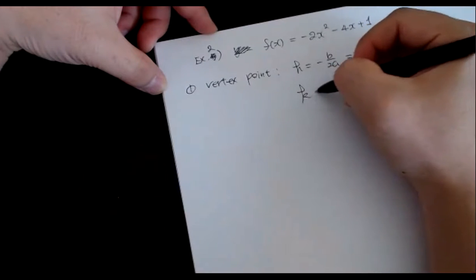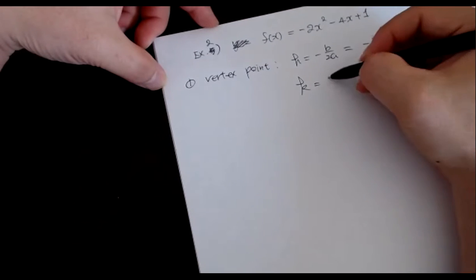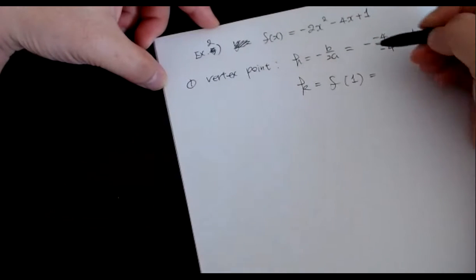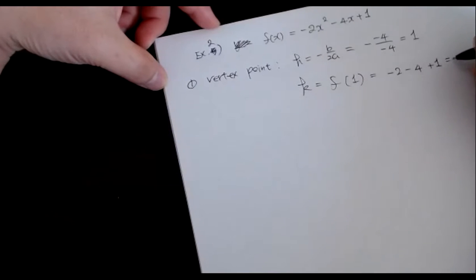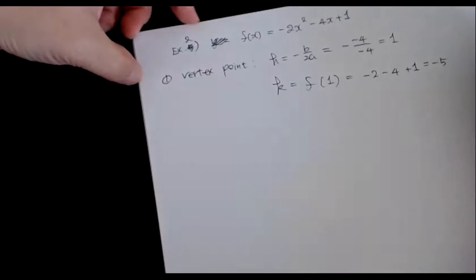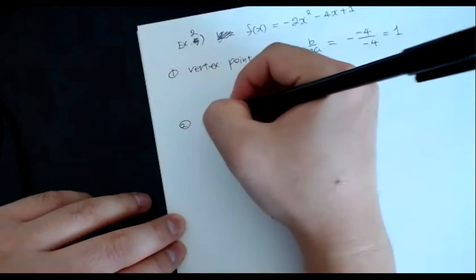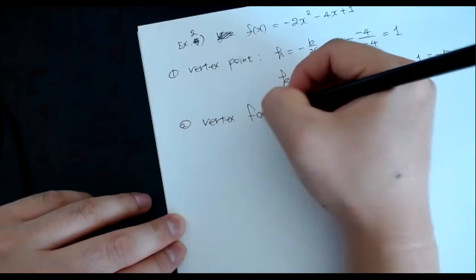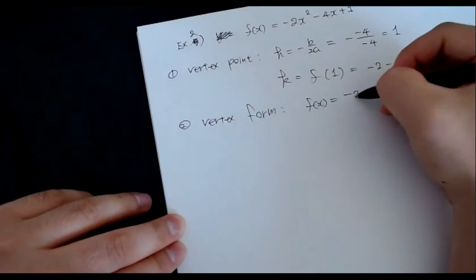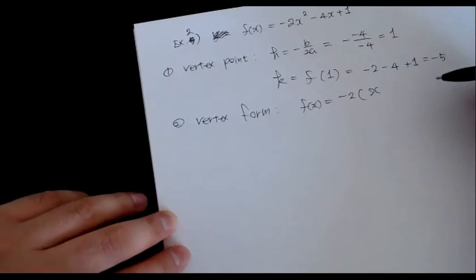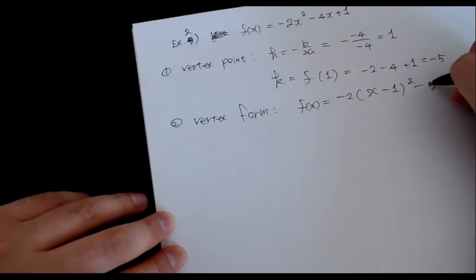And then k is f of 1, so it's going to be negative 2 minus 4 plus 1, which is negative 5, right? Okay, so the vertex form is f of x is equal to negative 2 times x minus 1 squared minus 5.